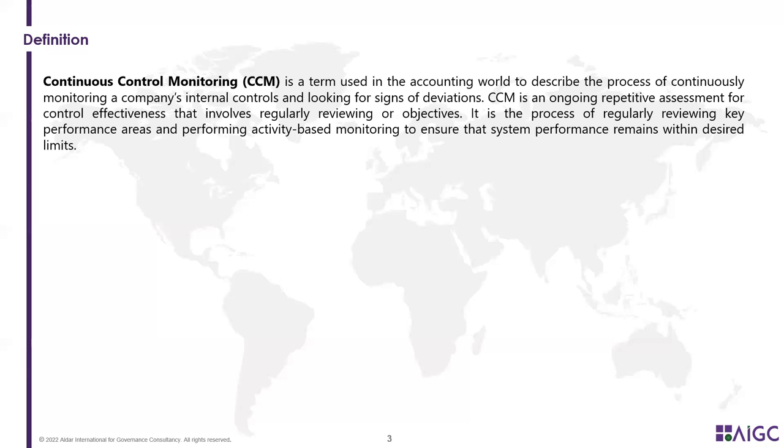By its nature, CCM, or continuous control monitoring, is an ongoing, repetitive assessment of control effectiveness that involves regularly reviewing the tests and objectives. It's a process of regularly reviewing whether they are performance indicators, activity-based indicators, or measures in order to make sure that our business is operating within the desired limits.